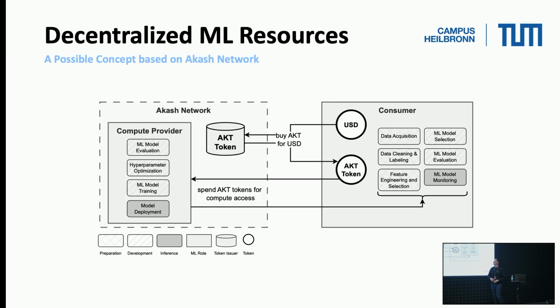On Akash, the compute provider implements those steps of the ML workflow: ML model evaluation, hyperparameter optimization, model training, and model deployment. To pay the compute provider for providing the ML resource, Akash implements its AKT token, which is a universal payment token. They issued it with a fixed supply. And if you, as a consumer, want to use the compute resource, you have to use your USDC and buy the AKT token from, for example, a centralized exchange.